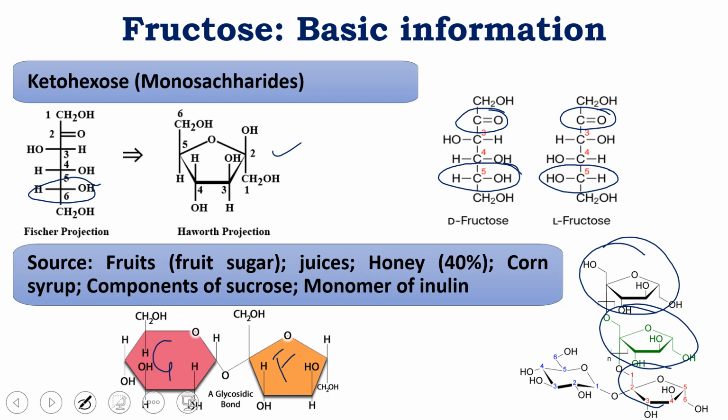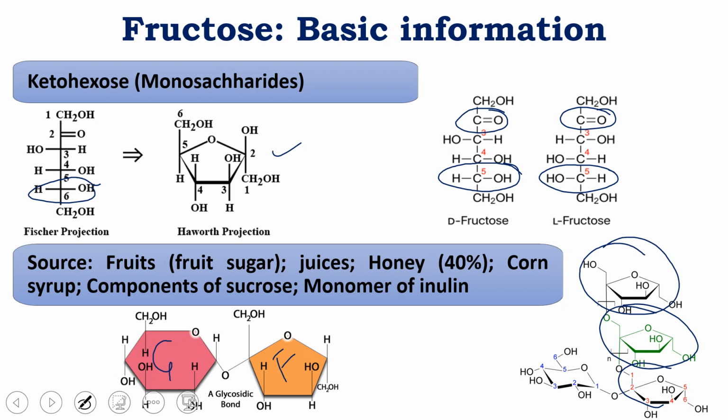Inulin has a very important significance in diagnostic biochemistry. It is utilized for the clearance test. Whenever we do a kidney clearance test, a renal function test, we use this inulin. Inulin is normally not metabolized by our body, nor do we synthesize it, and it is 100% excreted.